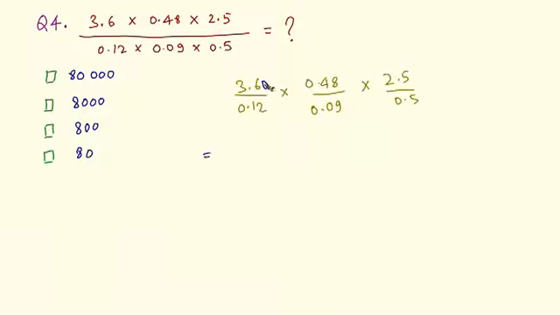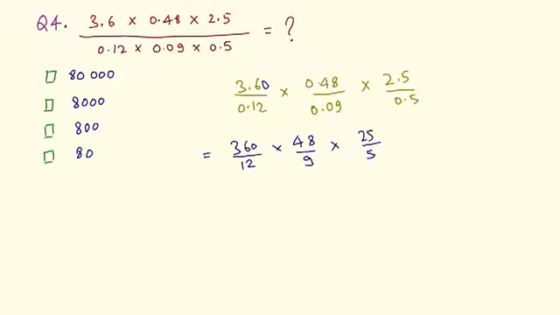I can put a 0 here so that the number of digits after the decimal point in the numerator and the denominator are same. So I can write this as 360 divided by 12 into 48 divided by 9 into 25 divided by 5.